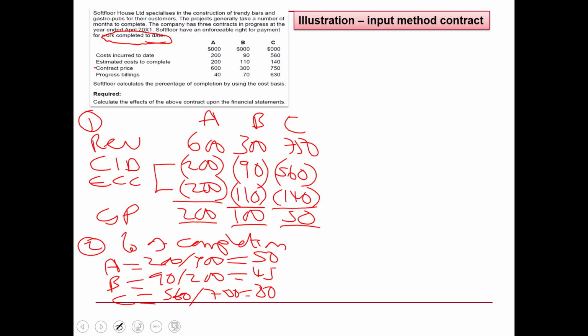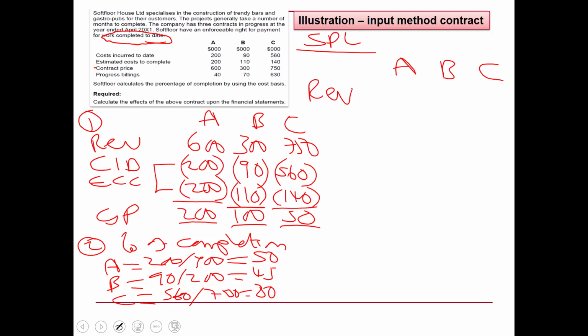So what we need to determine now is the figures we are going to recognize in the statement of profit and loss. So in our statement of profit and loss, we are going to say A, B, and C. So we are going to say our revenue. The revenue is, we are expecting a total revenue of 600.